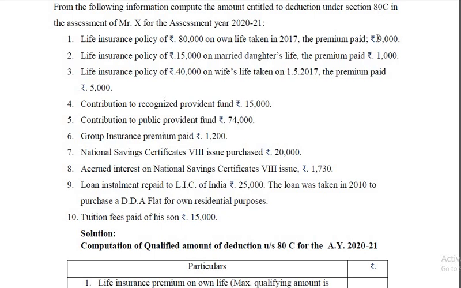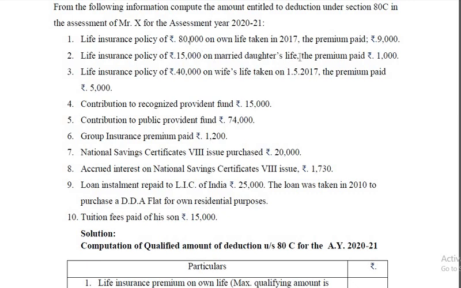So out of 9,000, 8,000 is qualified for deduction because the policy is taken after 1/4/2012 and the rate of premium qualified is 10%. If the policy is taken before 1/4/2012, then the qualified amount of premium is 20%, not 10%.